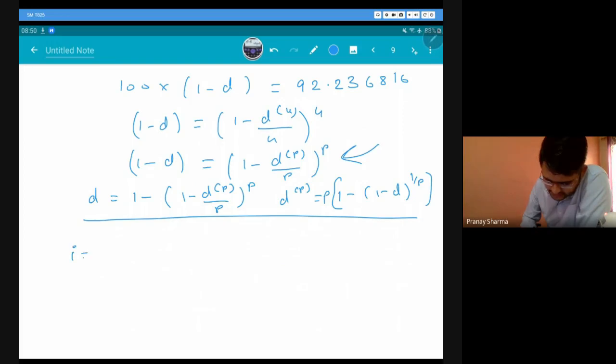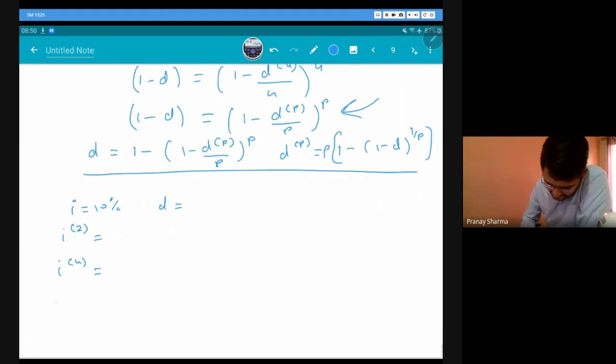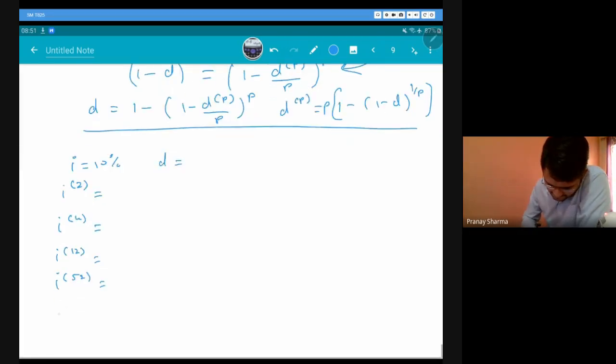Let's say i is equal to 10%. I think I gave you this as homework. I wanted d, then I wanted i2, i4, i12, i52, i365.